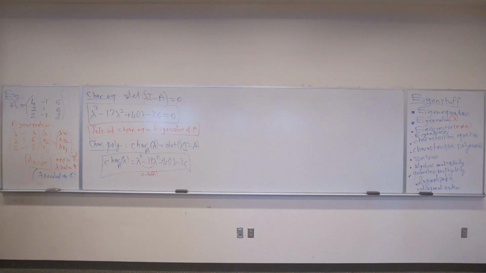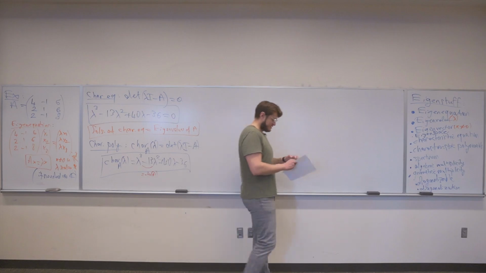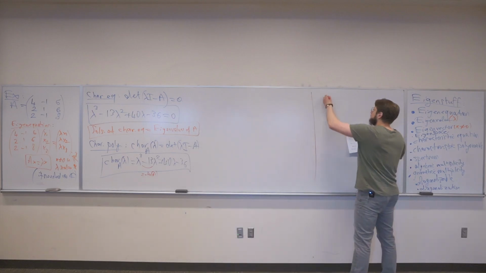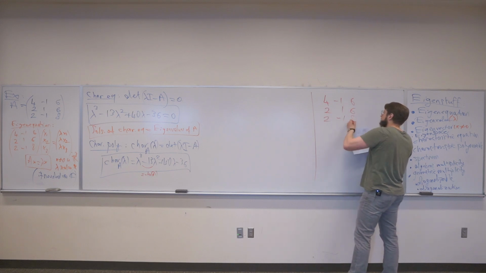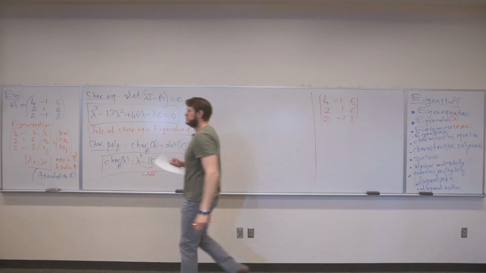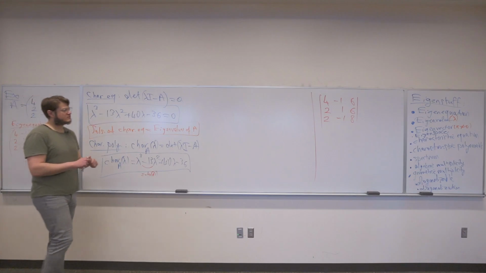Since we've taken a break, I thought it would be a good idea to do a small review like this. I want to look at the determinant of this matrix A. How do we do it? I'll use this triangle method.